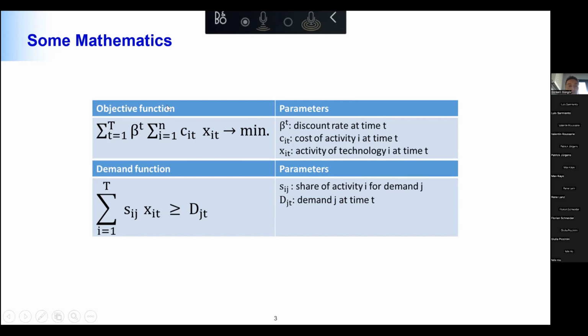And we solve this objective function, we minimize this function under a constraint where the main constraint is our demand function. Our energy system, our activities have to supply this demand, which we defined exogenously in the model.